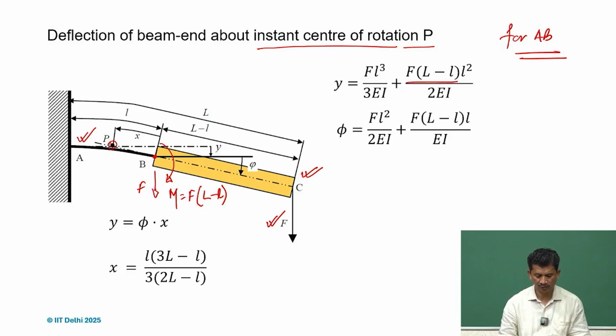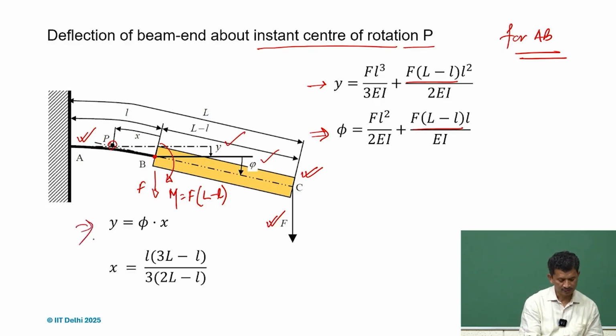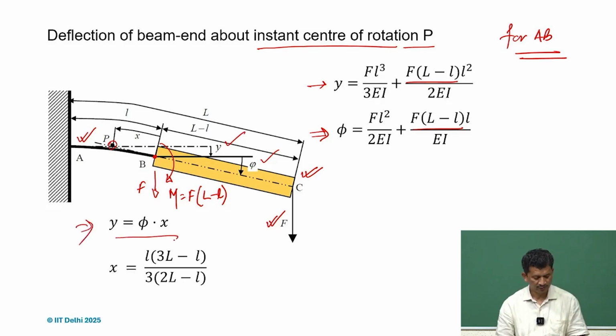One is because of the force, the other is because of the moment, and similarly we will get y and phi. Phi is the angular rotation and y is the deflection at point B. But we also realize that y and phi are related.